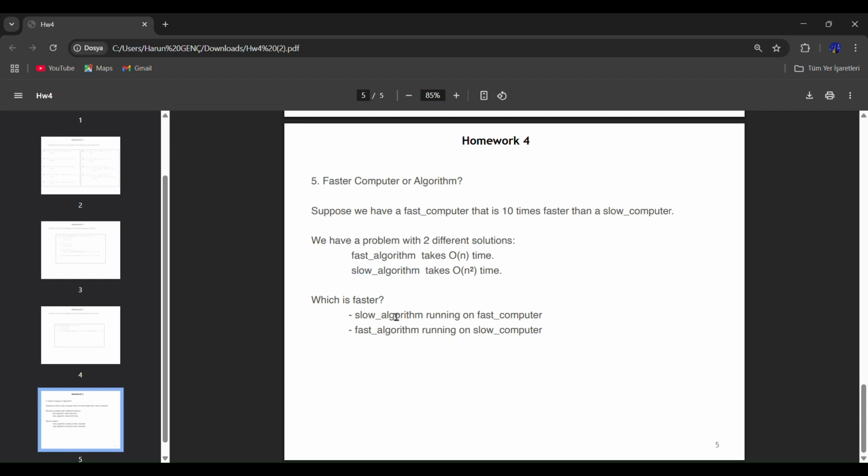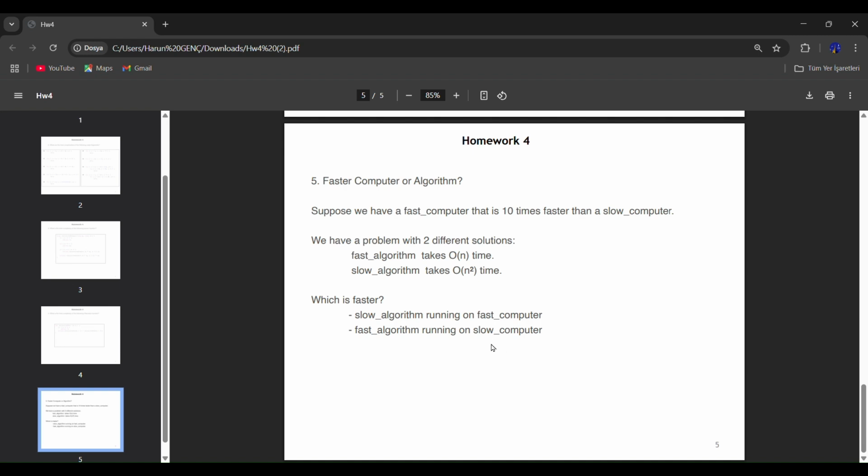Yes, the faster computer might compensate for the slow algorithm initially. However, for large n, the quadratic term dominates, making the algorithm significantly slower than the fast algorithm running on the slow computer.